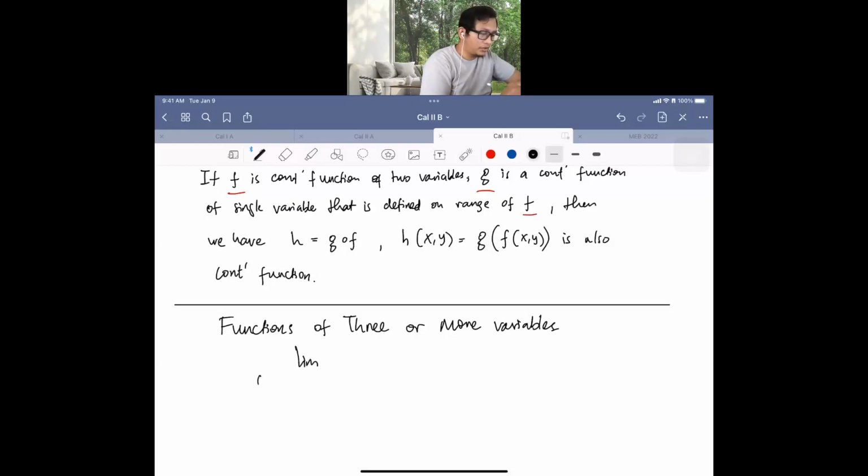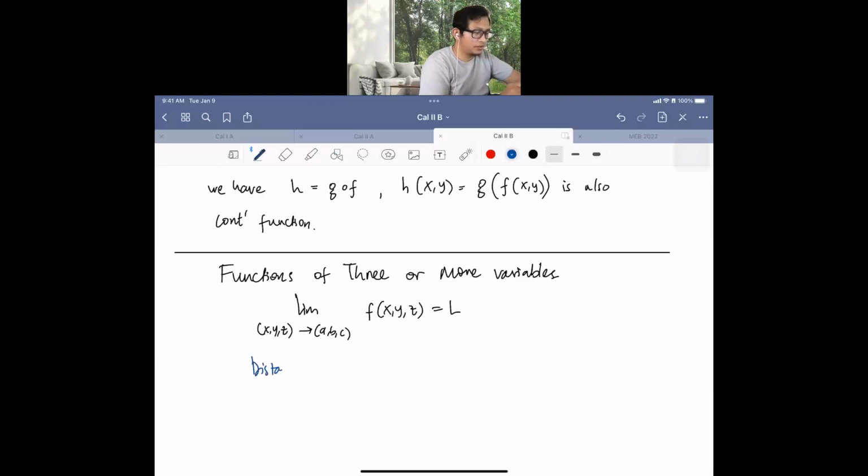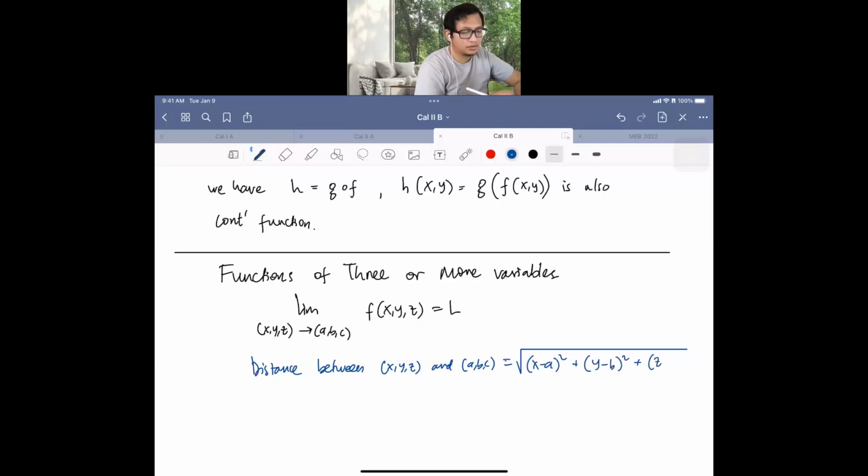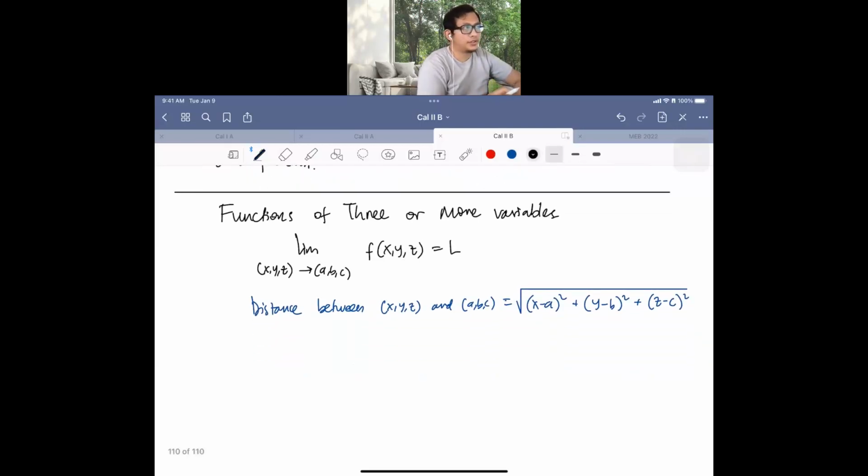We can write the limit as (x, y, z) approaches (a, b, c) of f(x, y, z) equals L. And we have the distance between (x, y, z) and (a, b, c), which is given by the distance formula, or using Pythagoras.